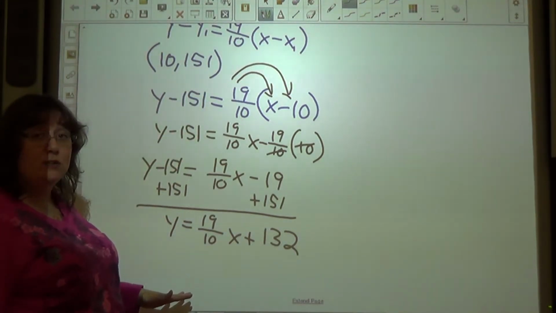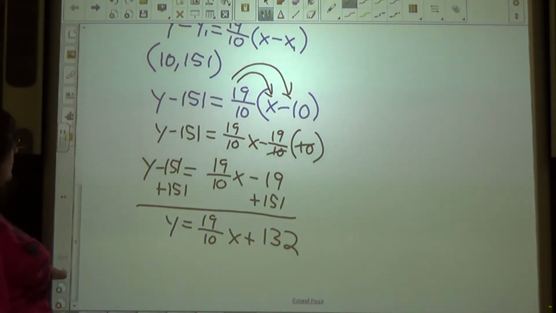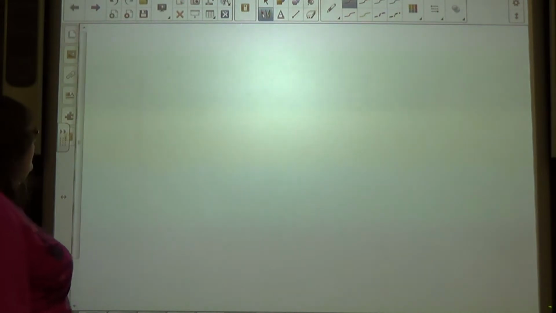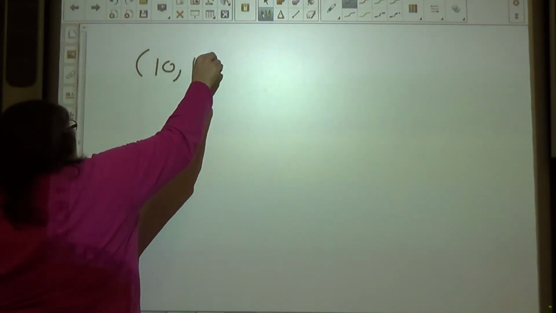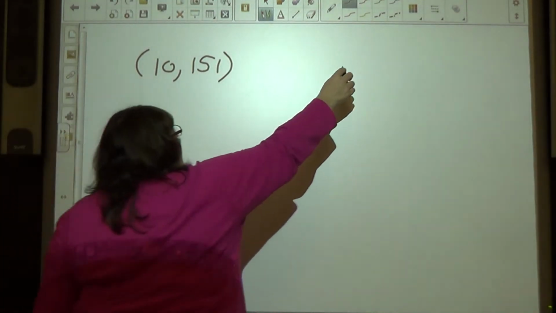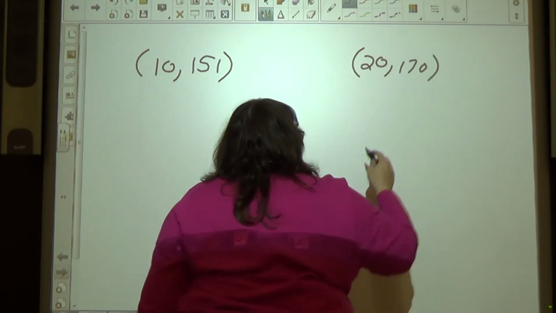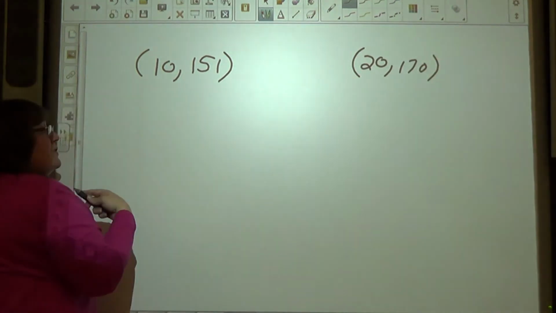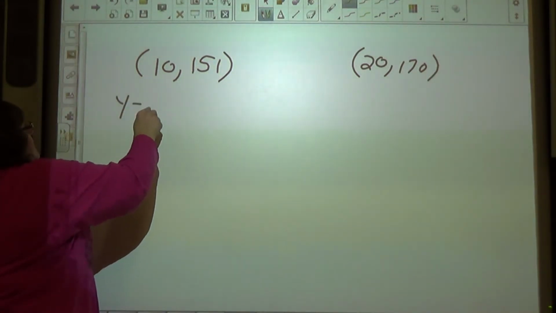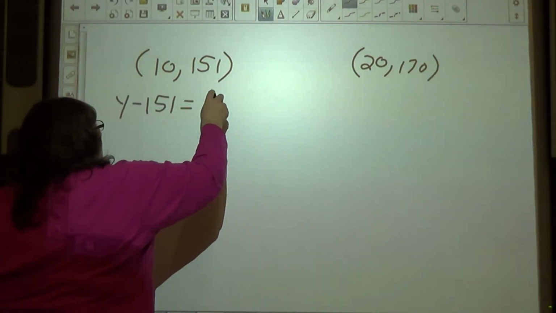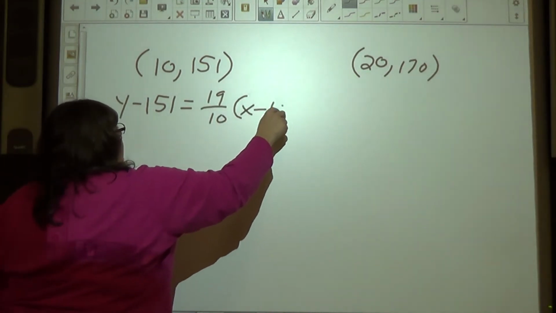Not very difficult to do. But how do we know that lines are the same? Well, let's look at this. Okay? Take our known points, and let's put them both into the point-slope form. So y minus 151 equals, we know we have 19 over 10 for our slope, times x minus 10.